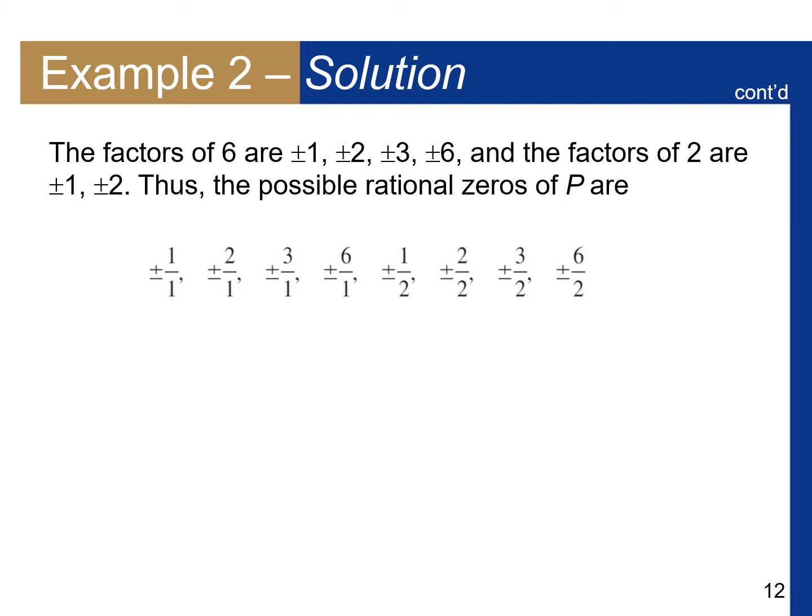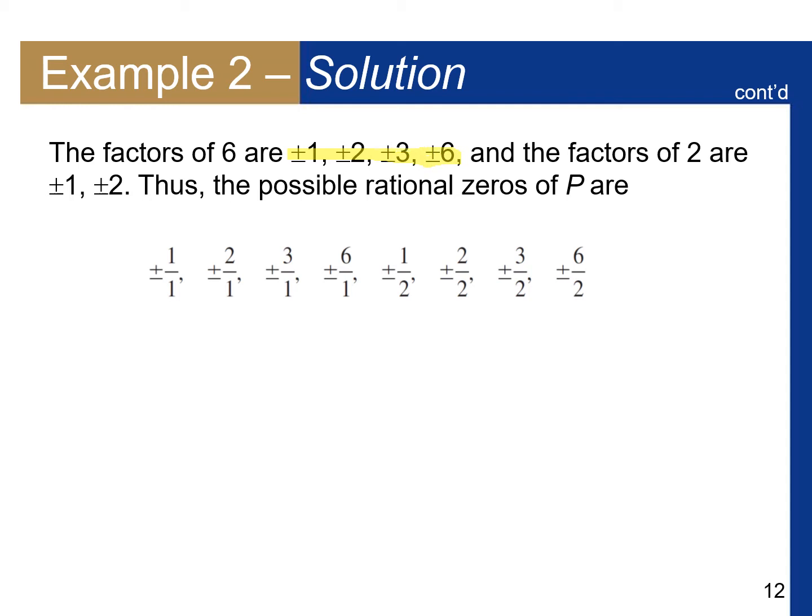Once I get those numbers, I'm going to take those and place them over each one of the other numbers. So I have 1 over 1, 2 over 1, 3 over 1, 6 over 1, and then 1 over 2, 2 over 2, 3 over 2, 6 over 2. So again, to make that a little clearer, these were all my factors of 6.